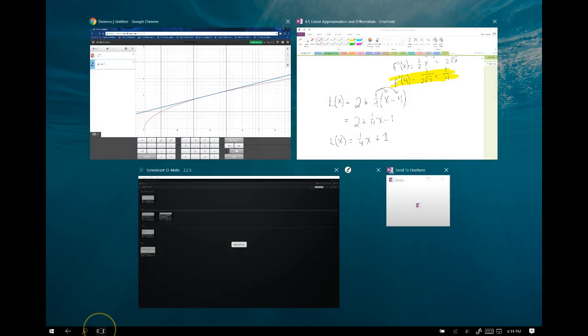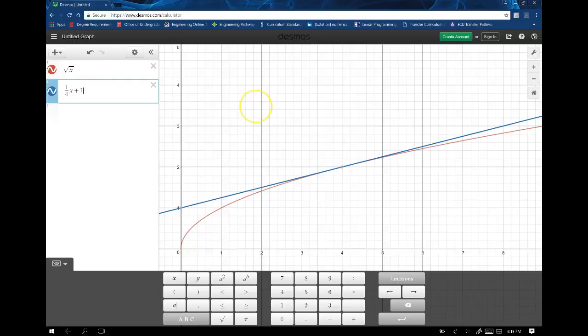Let me make sure I fix it over here. No, it was plus 1. 1/4 x plus 1. That is our tangent line at 4. And our function and our tangent line are nearly indistinguishable in this nice little area around 4. But as we move away from 4, the line and the function diverge. They kind of move away from each other.